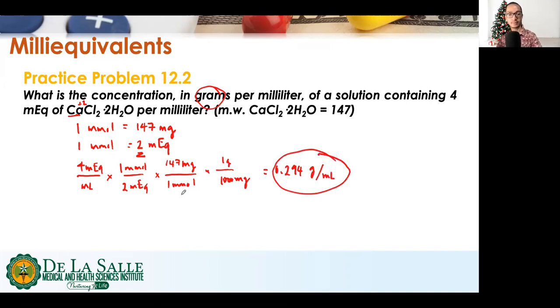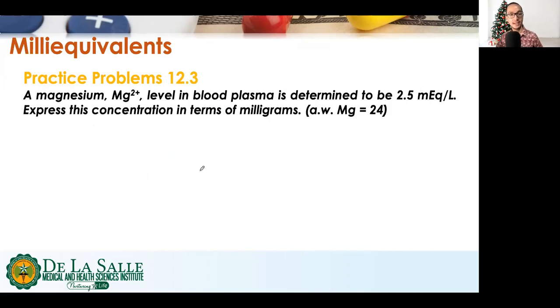Okay, so next. A magnesium level in the blood plasma is determined to be 2.5 MEQ per liter. Okay? Express this concentration in terms of milligrams. Okay? And so again, we are given the atomic weight of magnesium.